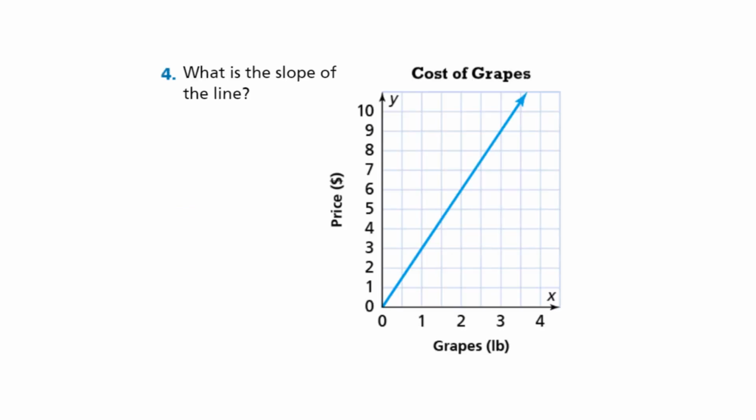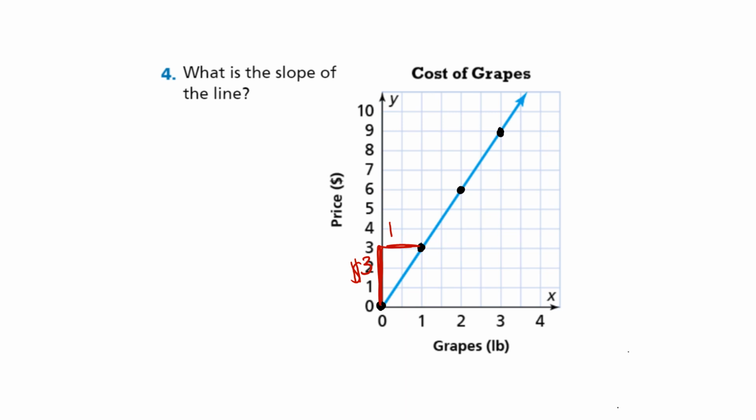Here we have, what is the slope of the line? So we have the point down here at 0. We have the points here at 3 and 1, 6 and 2, 9 and 3. So you can use either method. We can do our rise over run. We rose $3 over 1 pound of grapes. You could also use your point values and count.